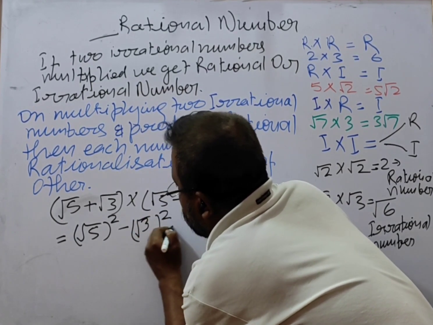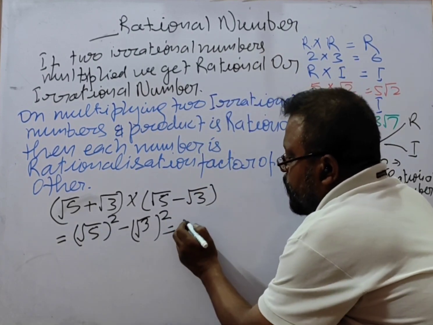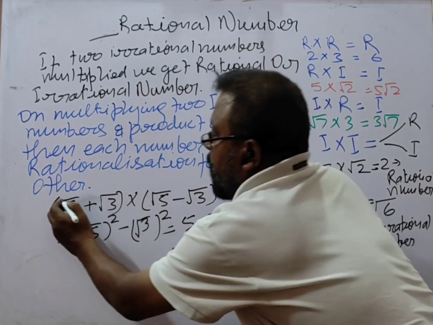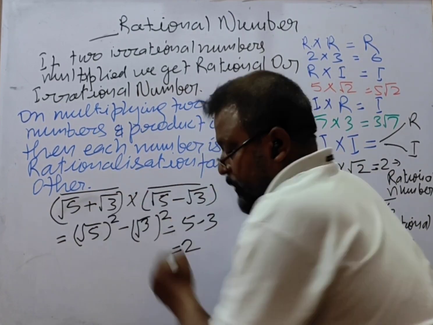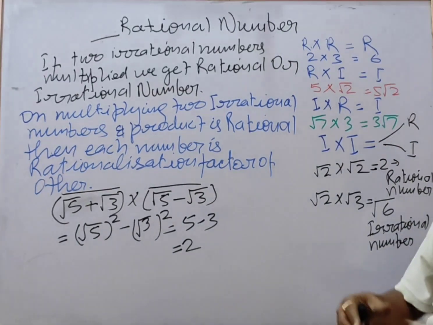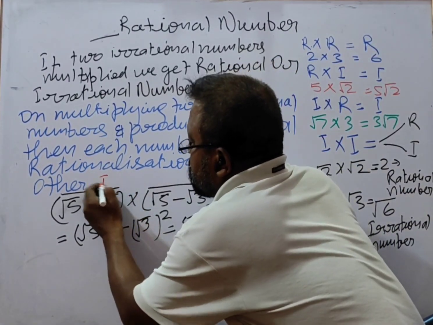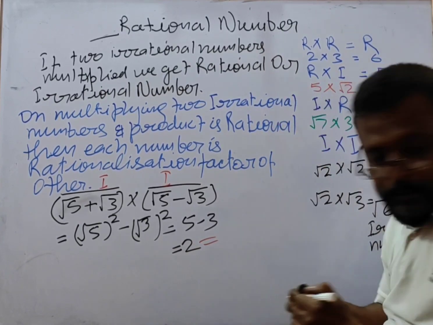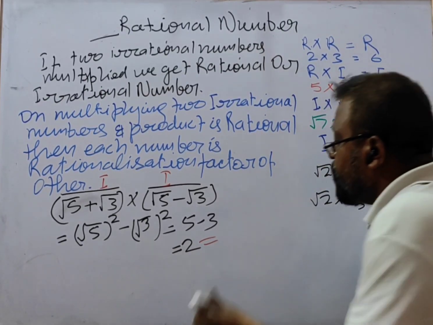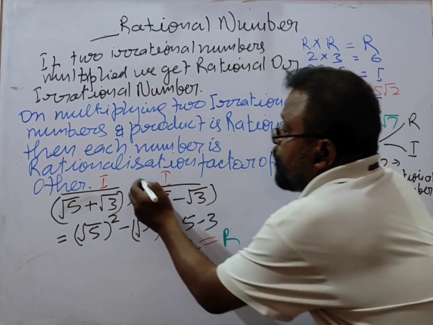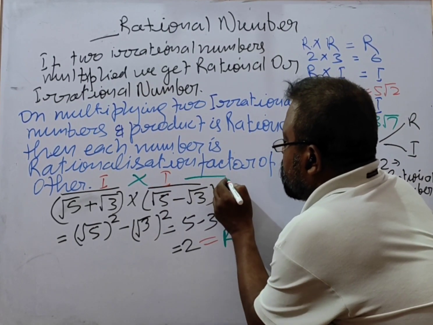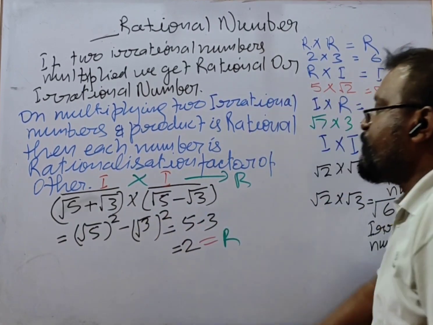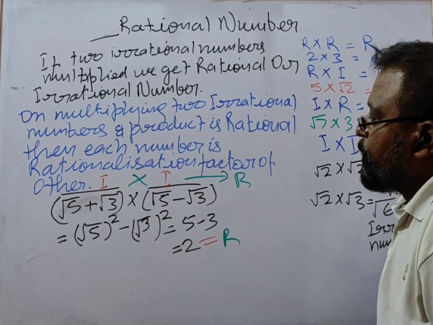When we take the whole square, the root is removed, then 5 minus 3 is equal to 2. They are irrational numbers, right? And this is a rational number. So the product of two irrational numbers is rational.